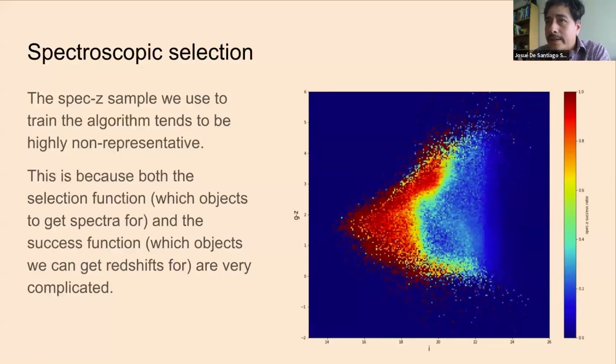So what this implies is that the training set will not be representative of the full data set, and the different algorithms need to take that into account. Next, please.